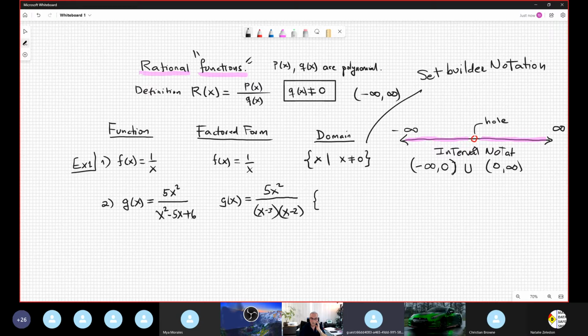You need to be aware of whether to represent in set builder notation or in interval notation, because I don't know exactly in the test or in the online lab what they want. x not 3 and x not 2.